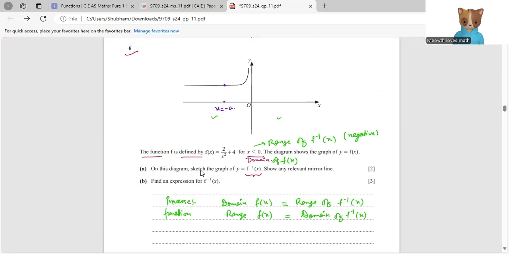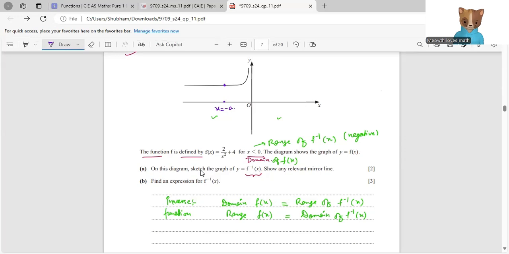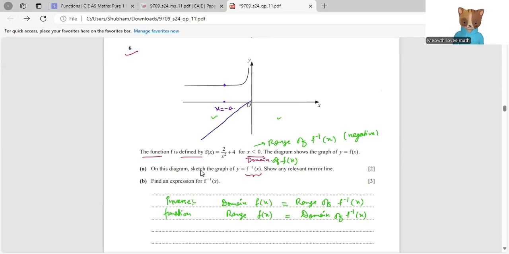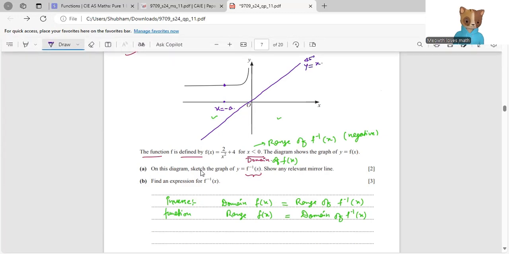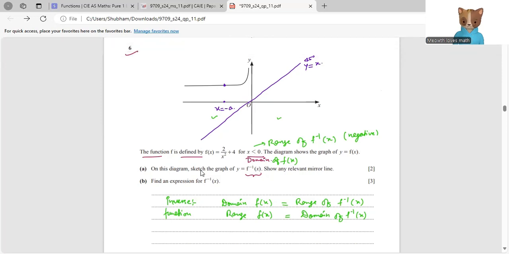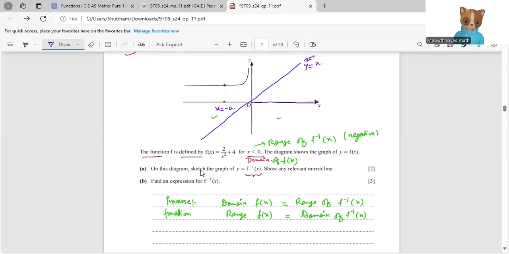Then when I take the inverse of this, it will always be with respect to the 45-degree line. Always remember this. So this is basically 45-degree line or y equal to x. So I know that the graph will lie over here. Now the input has to be positive, isn't it? Now I have to check whether the graph will lie in the third quadrant or in the fourth quadrant. Now, how do I check this?